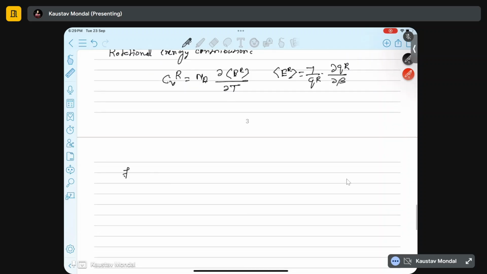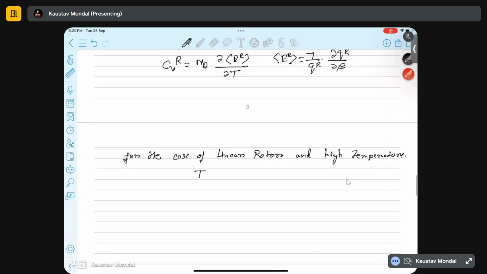So for the case of a linear rotor and high temperature. High temperature means when T is much greater than the characteristic rotational temperature, which is defined as theta R in our discussion.